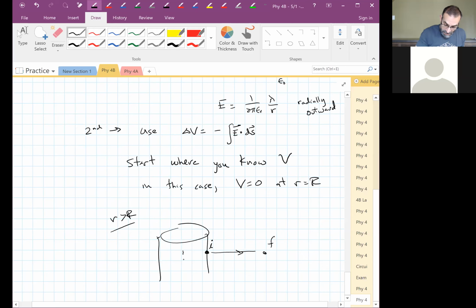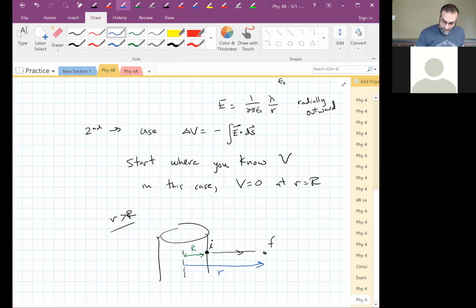This is capital R, and this is any r. I just use lowercase r to be any arbitrary distance, and I'll leave it that way in my equation so I can find it, right? If I want to know 1 meter from the axis of the cylinder, I can plug in r equals 1 meter. If I want to know 10 meters, I can plug in r equals 10. I'll just leave it as a function of r.